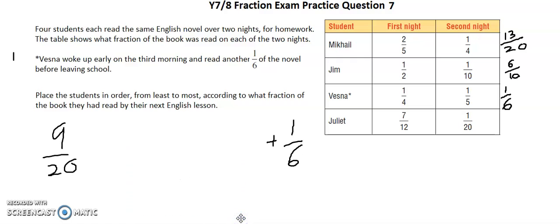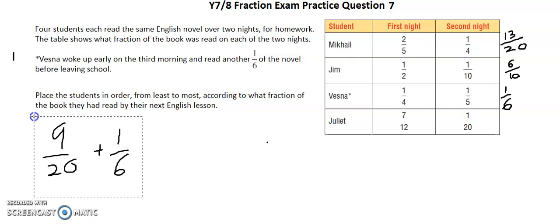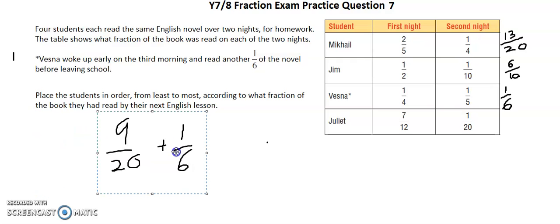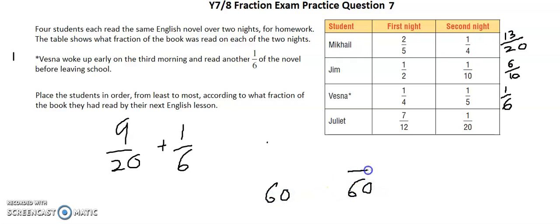Now we need to add it up with 1/6. Straight away I know I can just make it 60. I would have had to times 20 by 3 to get to 60, and I would times 9 by 3. 9, 18, 27.